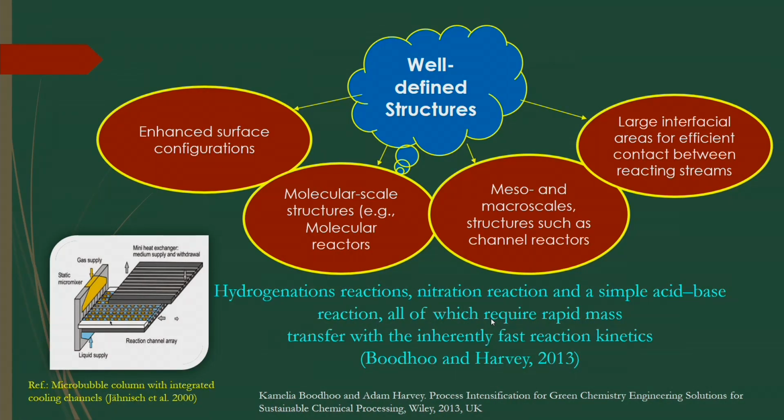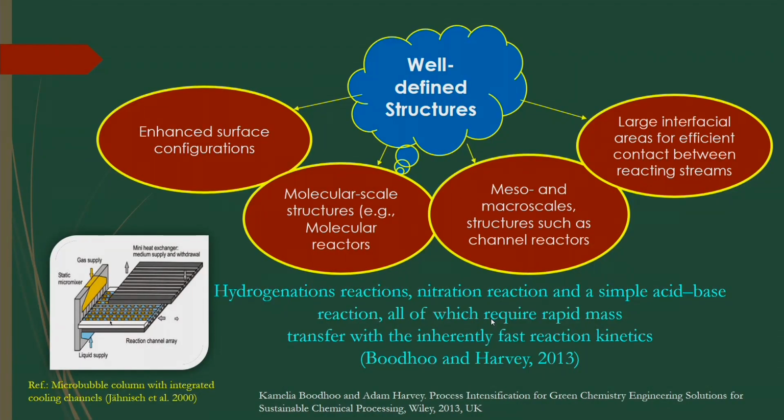So, enhanced surface configurations, molecular scale structures, for example molecular reactors, even meso and macro scale structures such as channel reactors, are important process intensification methods, with large interfacial areas for efficient contact between the reacting streams by generating packing materials, structured packing materials there.